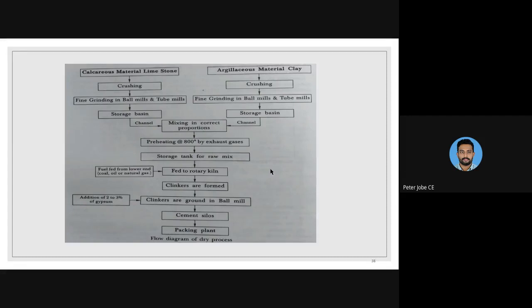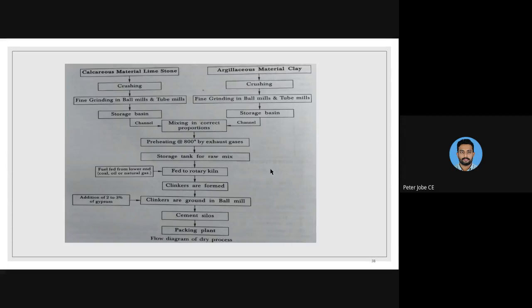At that time clinkers will be formed. Clinkers are small ball-shaped things formed as a result of this mixing. Then we again have to grind those balls into small particles.